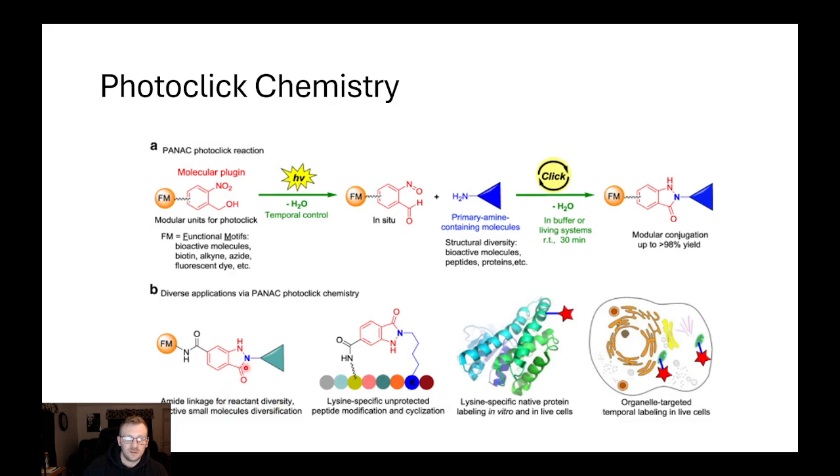So we can have just a simple amide linkage that we conjugated onto something, or we can even do things like going to lysine-specific unprotected peptides in the backbones of proteins.